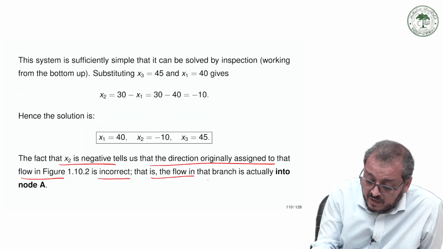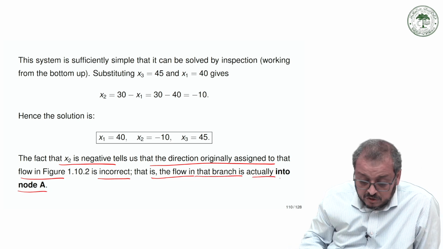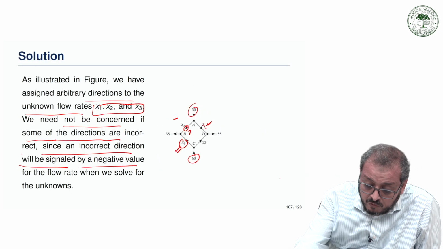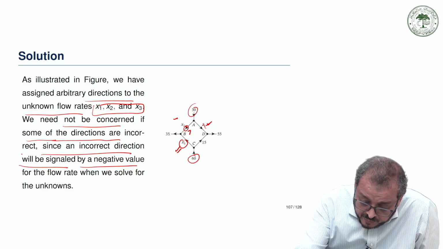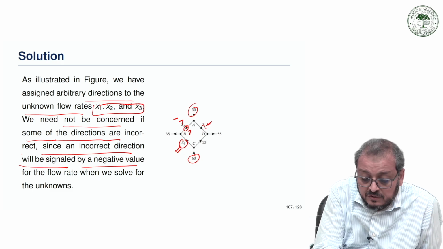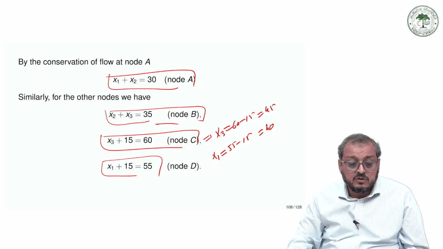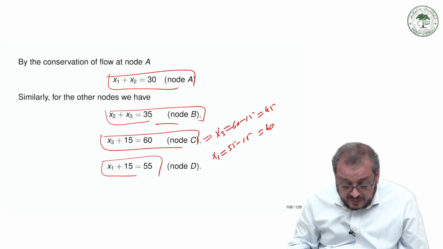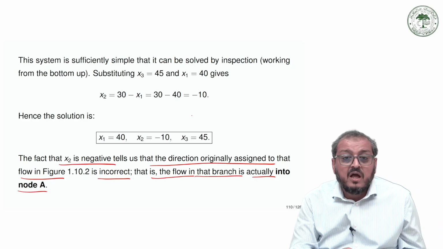That is, the flow in that branch is actually into node A, not A to B. The flow of this branch is going towards node A. This way we can complete the solution of this application.